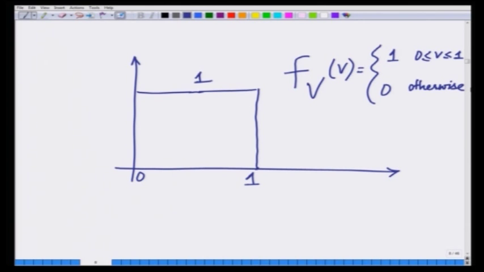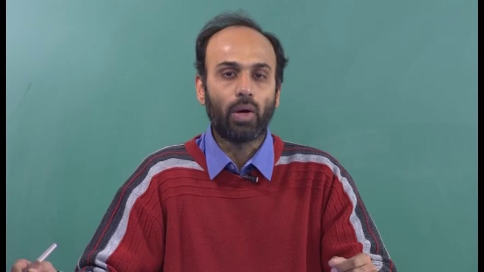So in the interval 0 to 1 the probability density function is 1, and outside the interval 0 to 1 it is 0 everywhere. So, this is the uniform random variable in the interval 0 to 1.